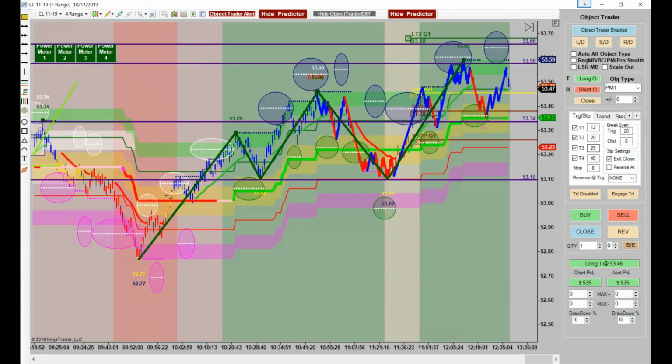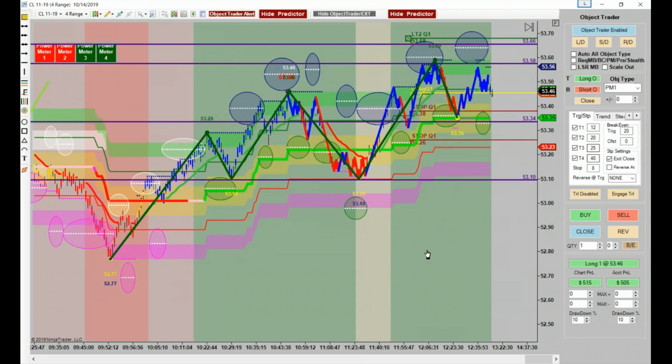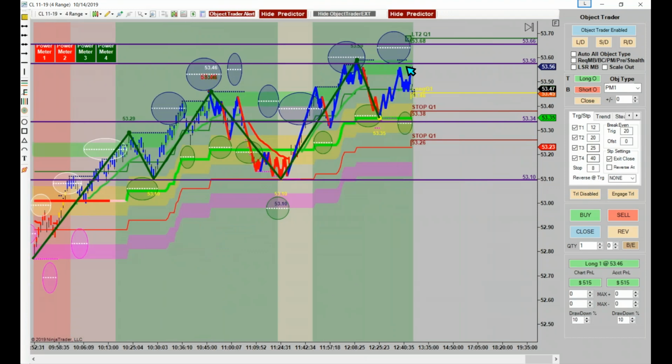Everybody see how to use Lightning? Lightning works. And the beauty of trading Lightning is that if you learn to see it on all three modes, in other words, Lightning 1, 2, and 3, it'll make a world of difference in your trading. What would it take to change this trend? Anybody? Well, right now you got kind of a lower high right here, right?